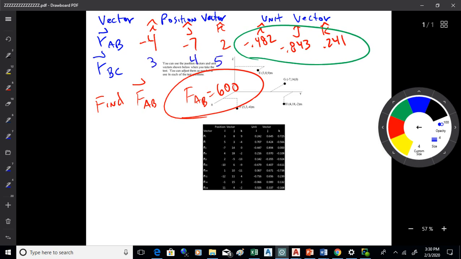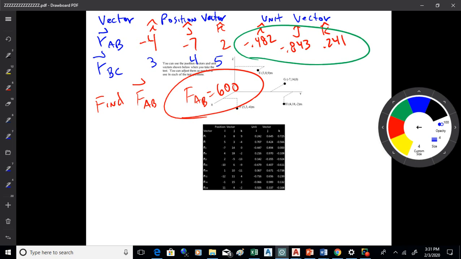And then I would give you the unit vector for that as well. So that would be the square root of 9 plus 16 plus 25, so the square root of 50.